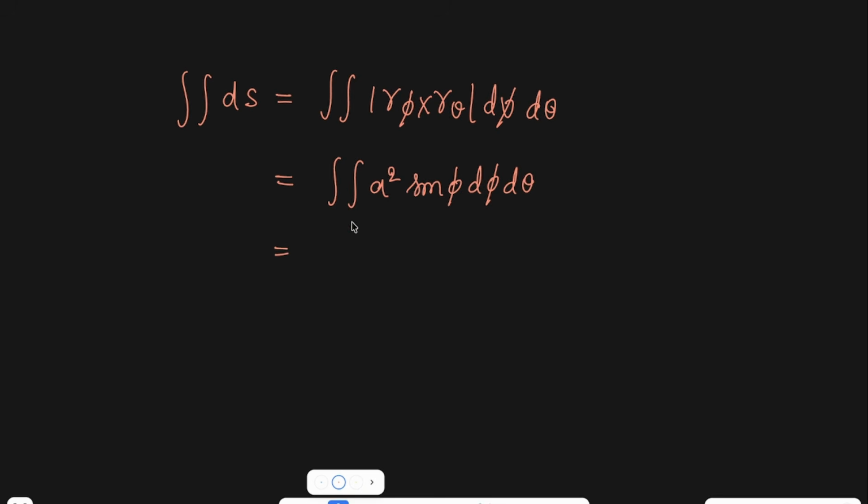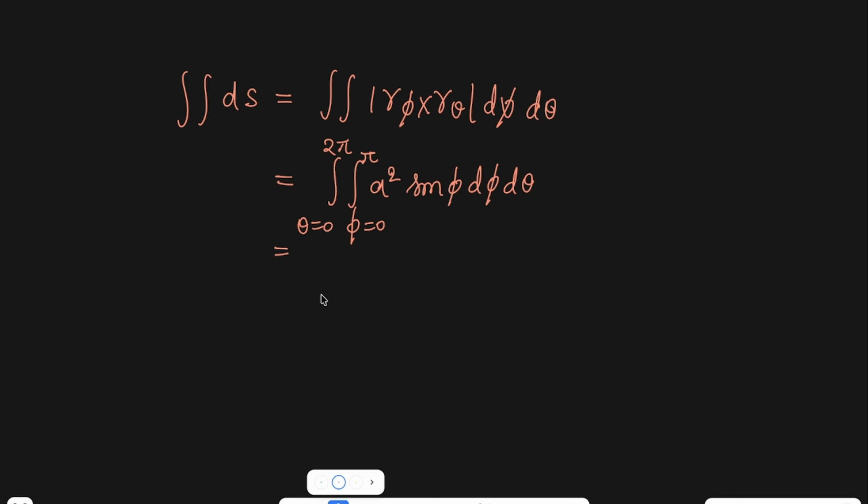Once you solve this, theta is from 0 to 2 pi and phi is from 0 to pi.